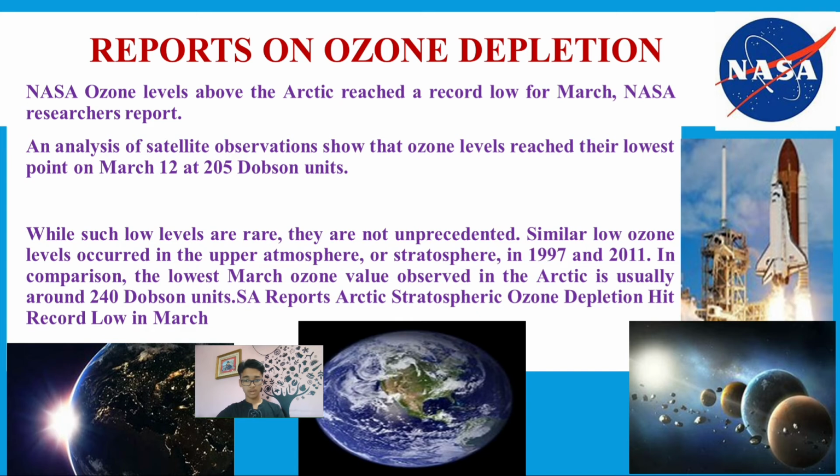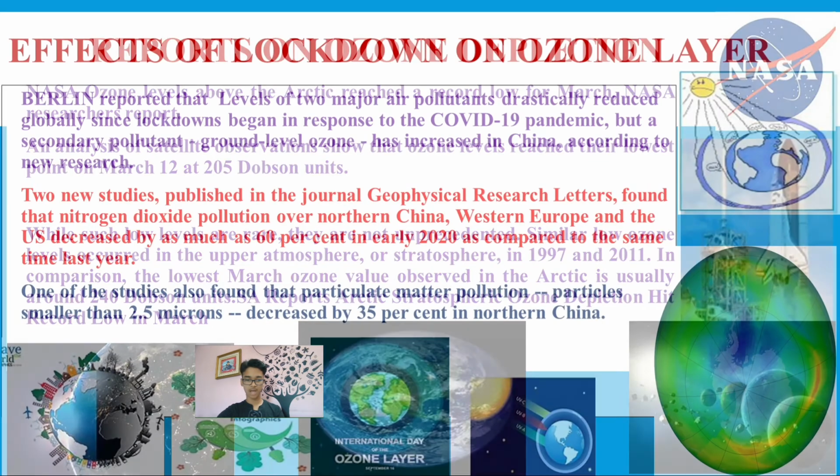Similar low ozone levels occurred in the upper atmosphere, or stratosphere, in 1997 and 2011. In comparison, the lowest March ozone value observed in the Arctic is usually around 240 Dobson units. As reported, Arctic stratospheric ozone depletion hit a record low in March.